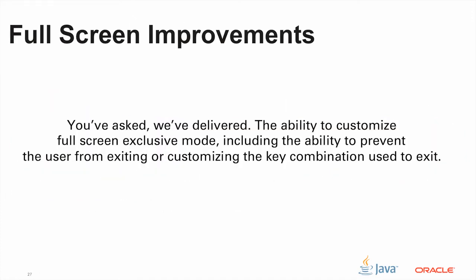So now back to some graphical things. We've got some improvements, for example, in full screen. You might have a kiosk, for example, that you want to be able to manage and not allow somebody to get out of. Maybe the kiosk is in a mall or in a dealership.